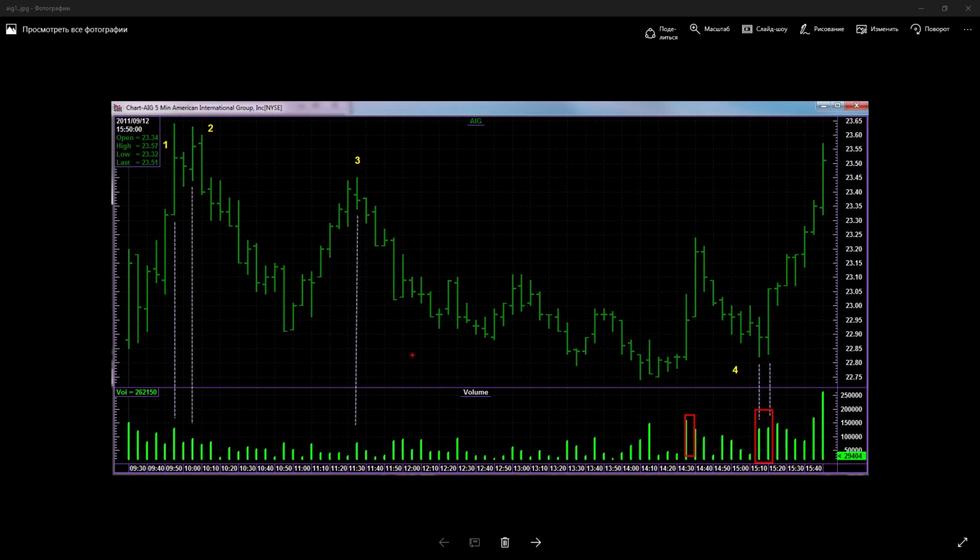We don't know, because this chart cannot give you this information. It shows you just the accumulation over the whole bar. You can see it more deeply on a 1-minute time frame, but here on the 5-minute time frame you see just the accumulation. Somewhere here was all this volume for 5 minutes.